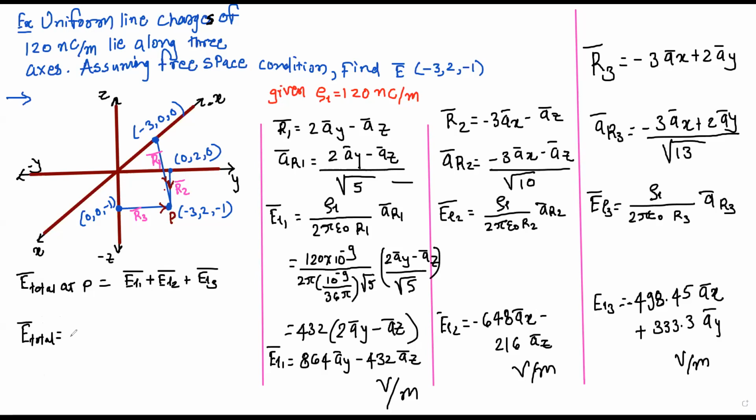As far as my knowledge is concerned, the answer is this one. You just cross verify and check whether it is correct or wrong. 1146 a bar x plus 1196 a bar y minus 648 a bar z.